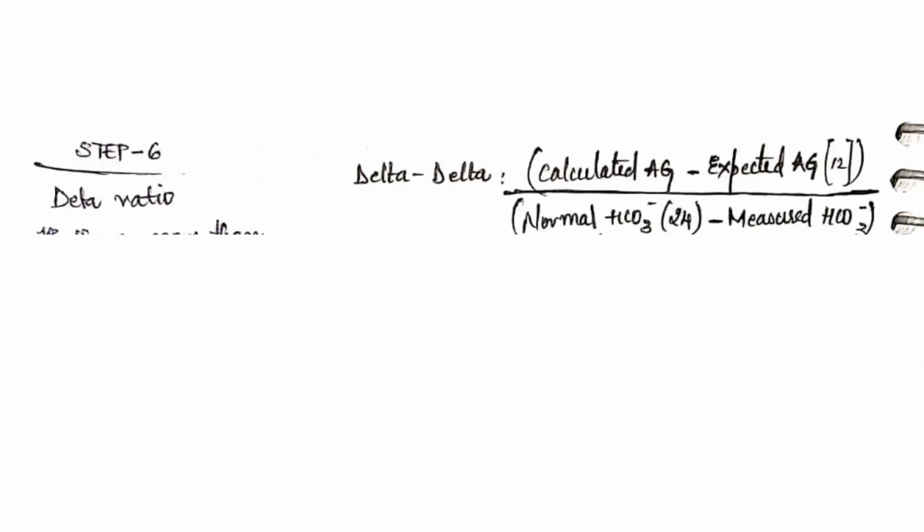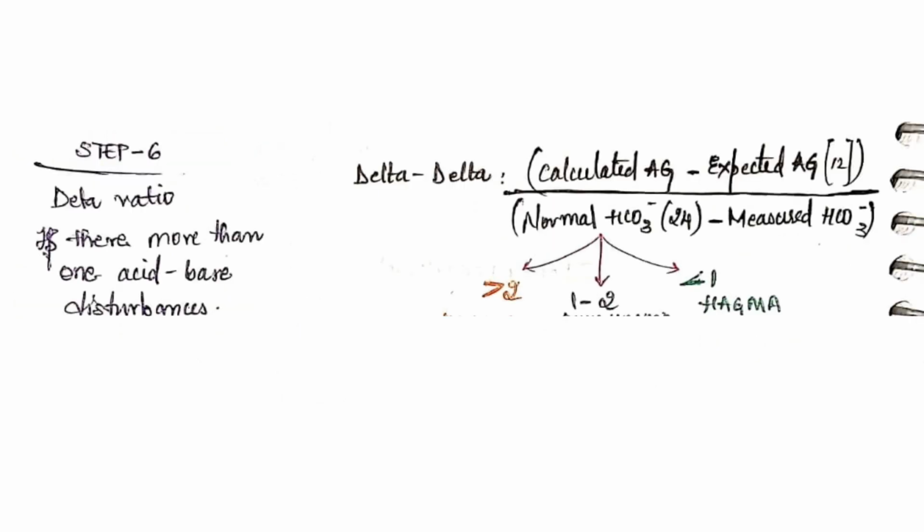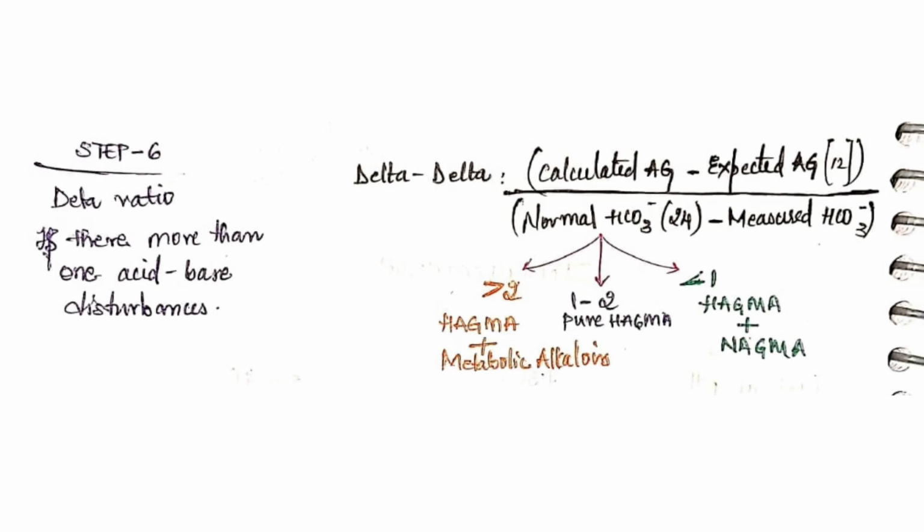Step 6. Find out the delta ratio if there is more than one acid-base disturbance. Delta ratio is the calculated anion gap minus the expected anion gap, which is 12, divided by the normal bicarbonate, which is 23, minus the measured bicarbonate. If the delta ratio is more than 2, it is high anion gap metabolic acidosis plus metabolic alkalosis.